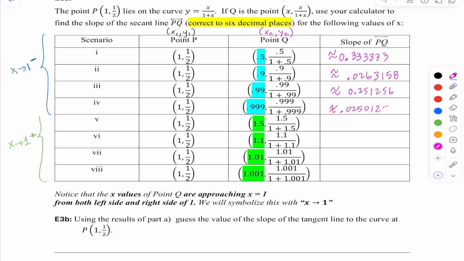The double tilde symbol means approximately. So it's not a double bar symbol, but a double tilde symbol. Double bar actually means to have the same value as.